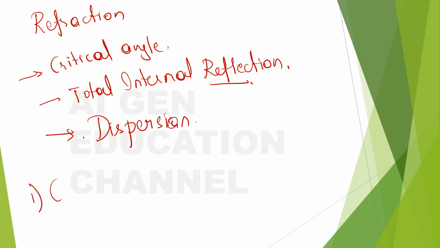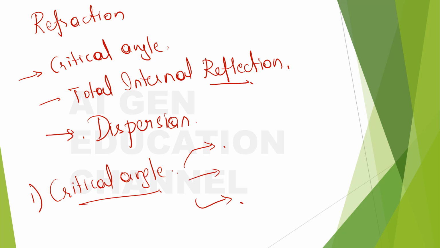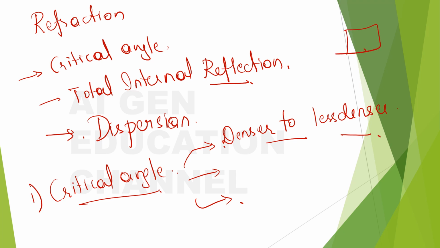So first we shall look into critical angle. First let me tell you what are the essentials for the concept of critical angle. For this the light should travel from denser medium to less denser medium. Why do we have to say this? It is because when the light goes from denser medium to less denser medium, what happens?